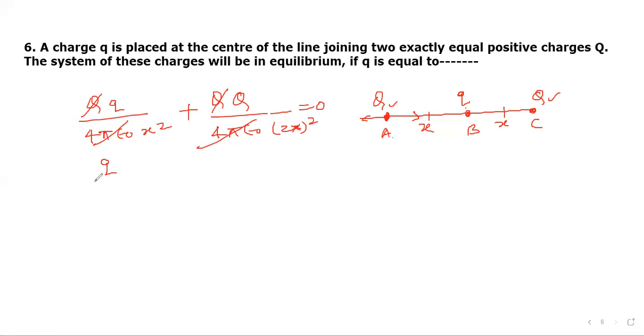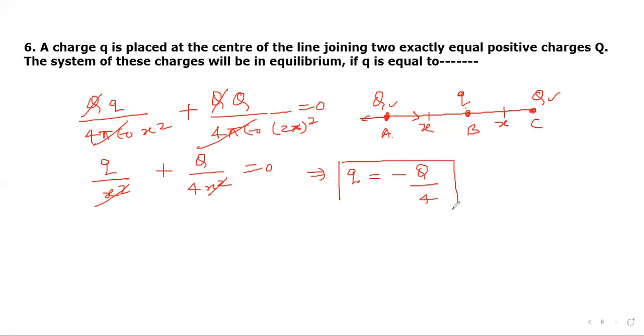So we are left with q upon x square plus capital Q upon 4x square equal to 0. Again, we can cancel x square. So from here, we get small q equal to minus capital Q upon 4. This is our answer. Thank you for watching.